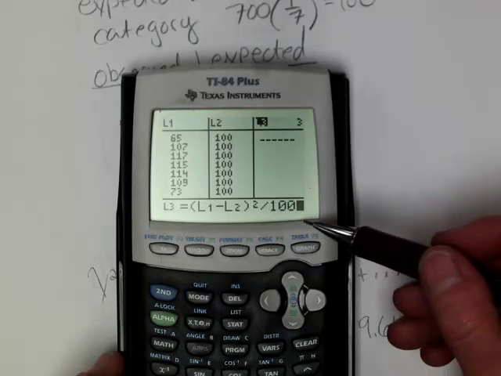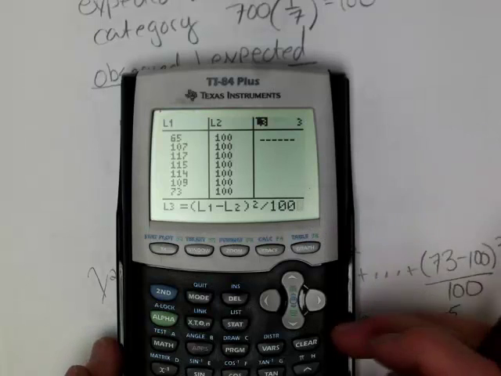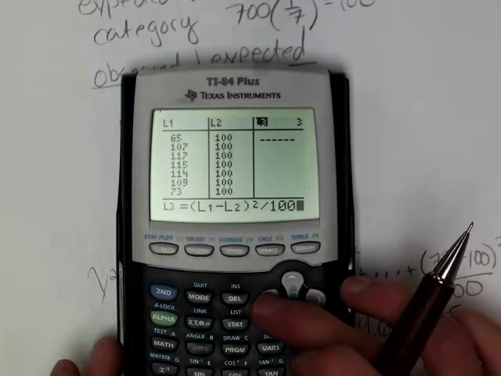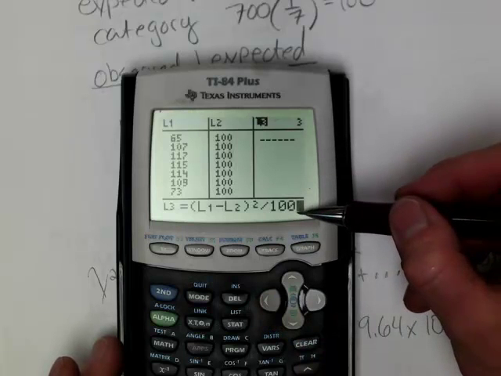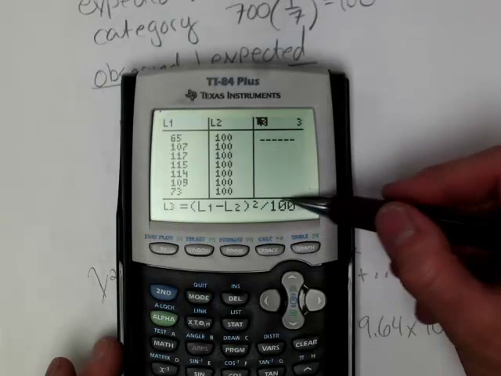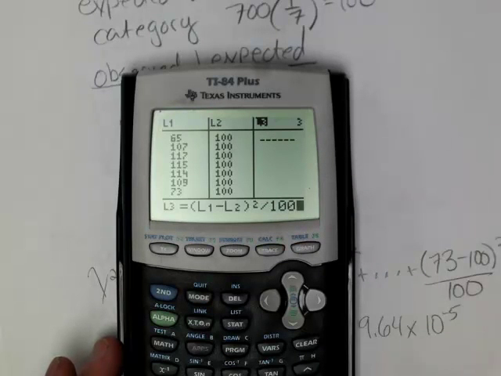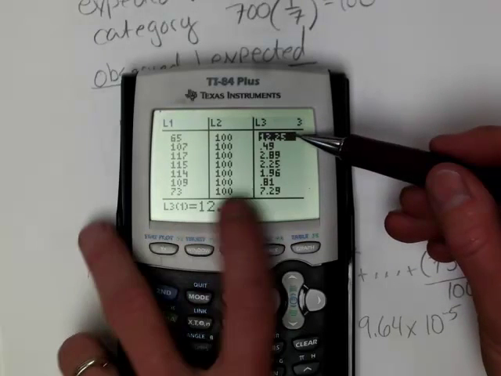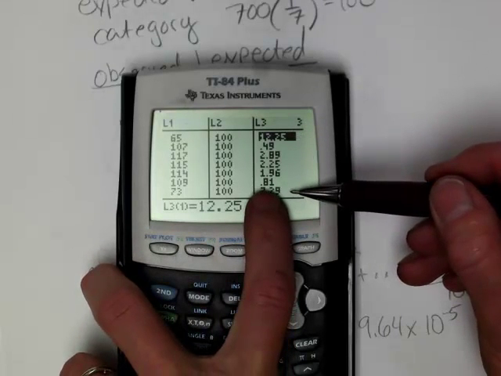Or I could have put in List 2 here, which might be a little bit more clear. If we didn't have a uniform distribution, you would put divided by L2. I'll press Enter, and it will do the calculation for each piece of that test statistic.